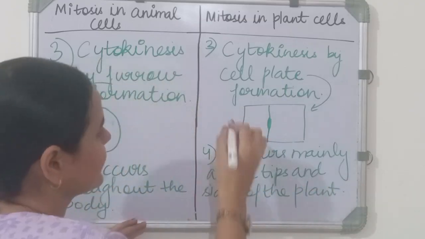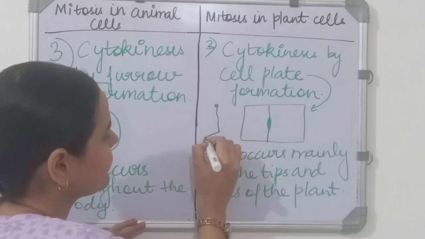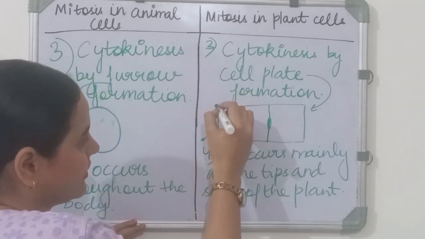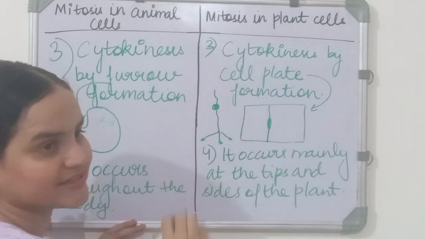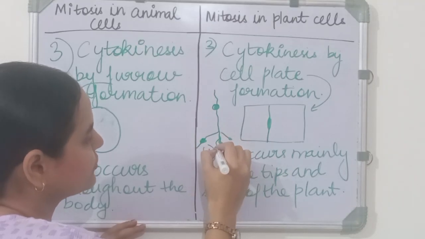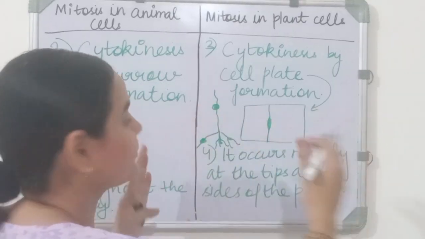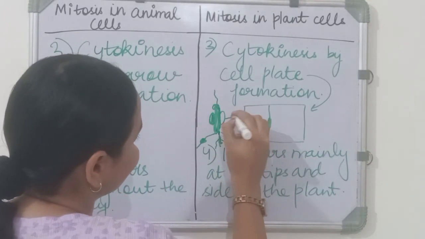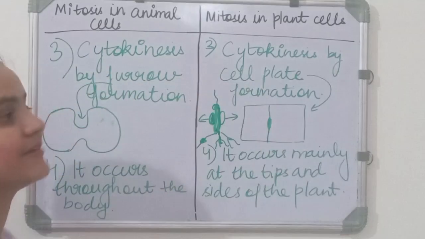Suppose this is the plant, and this is the tip of the stem and this is the tip of the root. For growing of the stem, the tip cell divides so that the stem may elongate. Similarly, the tip of the root divides so the root can elongate further. And to increase the width of the plant, the side cells divide like this and the width of the plant is increased. Okay, I hope the differences are clear.